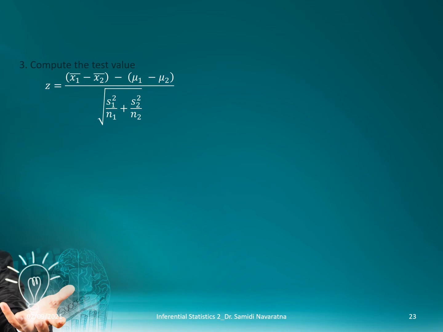The expected difference between means according to the null hypothesis is 0. Therefore, we can compute the Z statistic like this, and the result is minus 2.37.